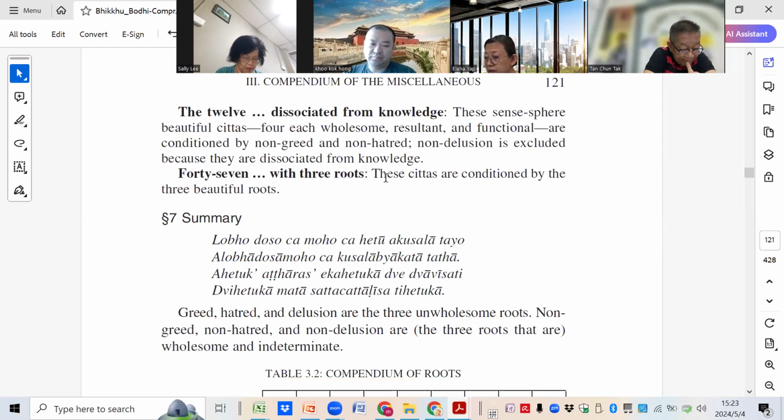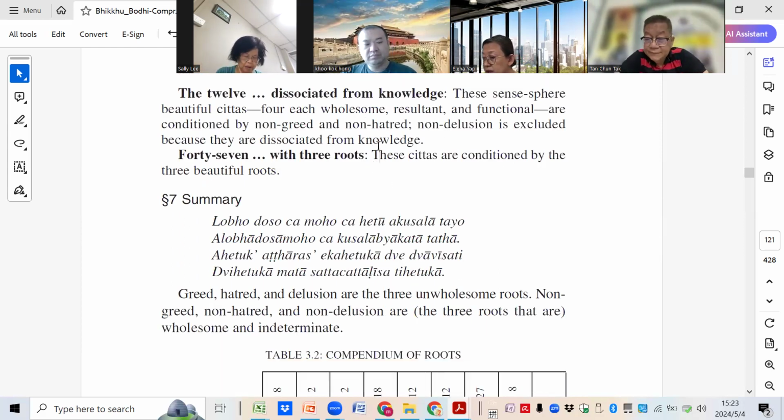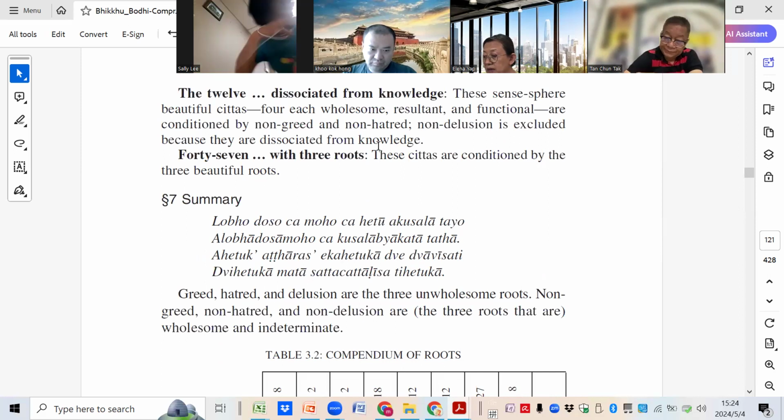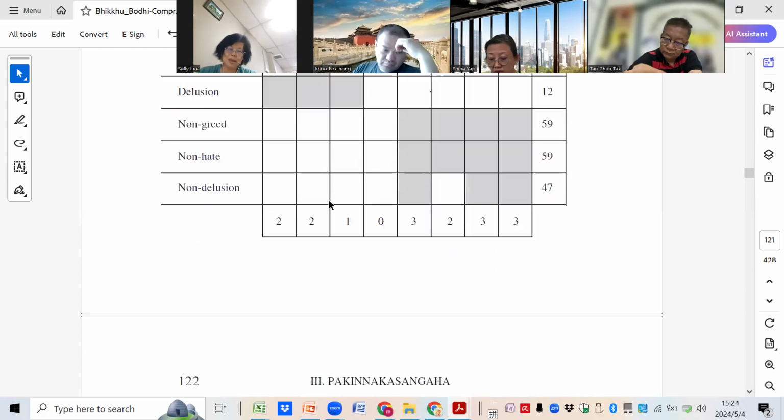The 12 dissociated from knowledge, these sense-sphere beautiful chittas, 4 each wholesome, resultant, and functional, are conditioned by non-greed and non-hatred. Non-delusion is excluded because they are dissociated from knowledge. The 47 with 3 roots are conditioned by the 3 beautiful roots. Okay, thank you so much.